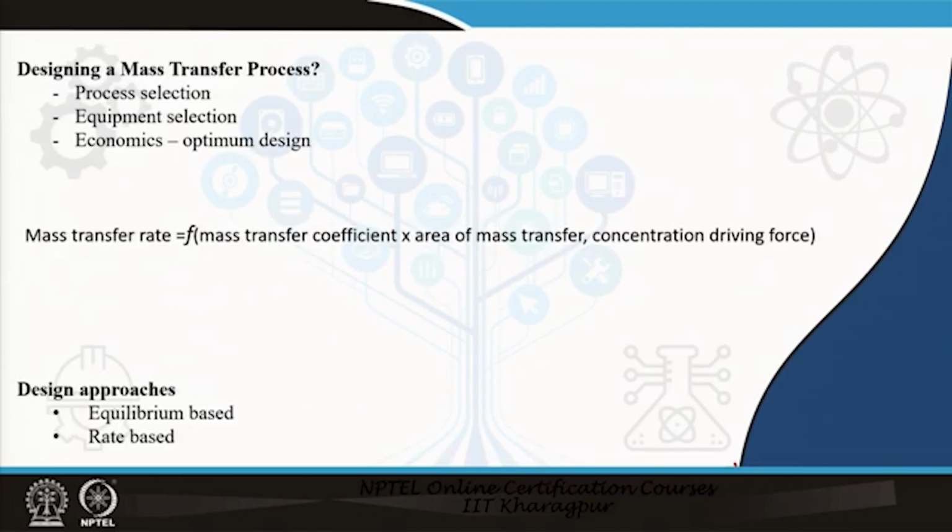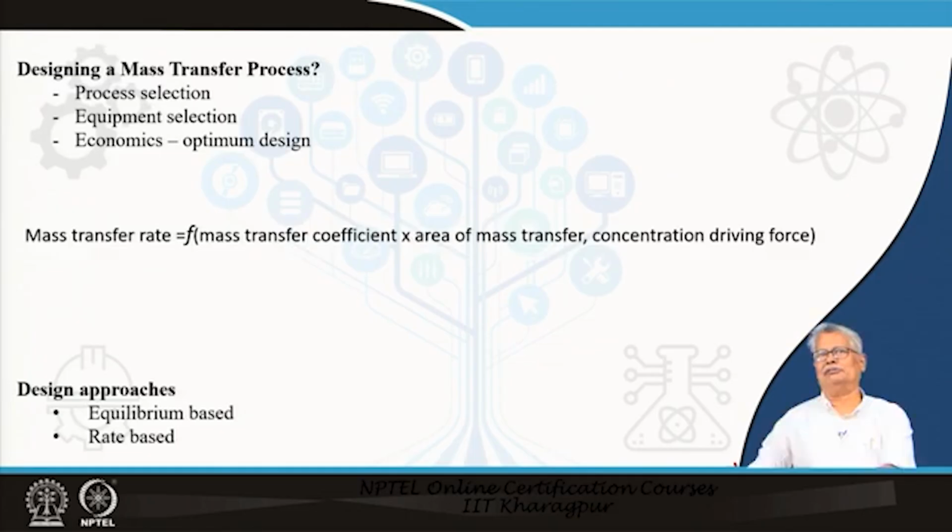Whenever we are talking about designing any mass transfer process, these are the steps. First, most of the mass transfer processes are basically separation processes. So, we have to select the process. That means, whether it is distillation or absorption, adsorption, extraction, leaching, or whatever type of process we require in order to make the separation, that we have to decide.